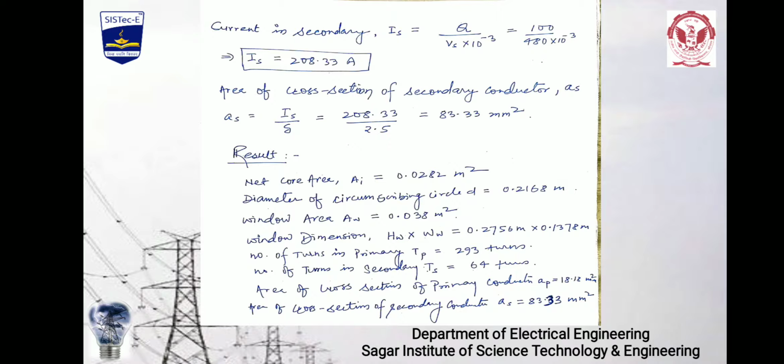Put the value, you will get As is equal to 83.33 mm square. Now you can write all the results at the same place, just for the sake of the examiner or anybody who is checking the solutions, like this.